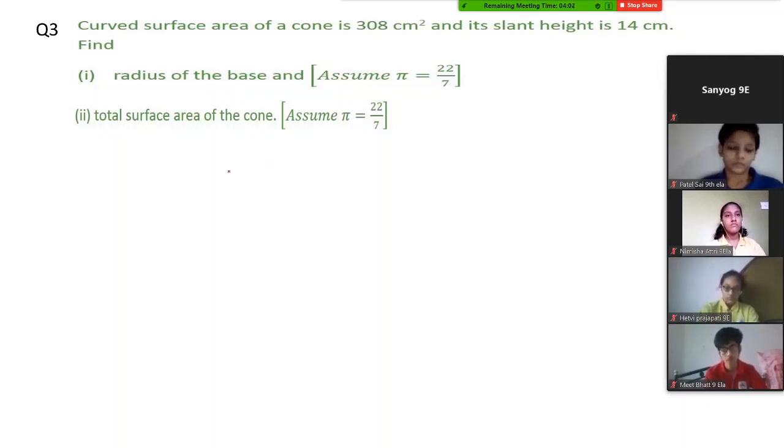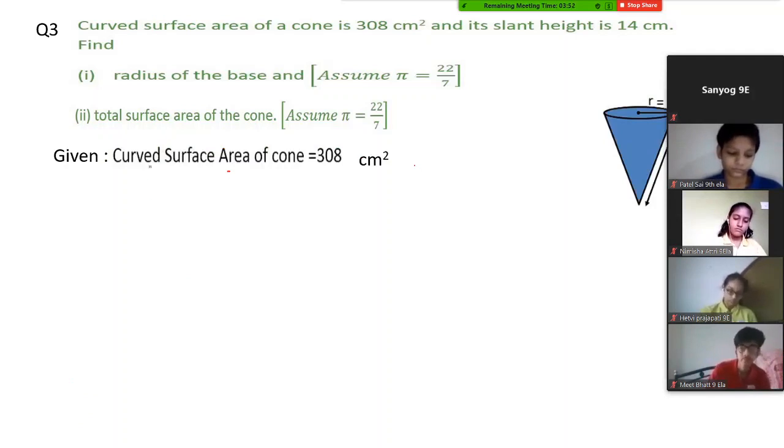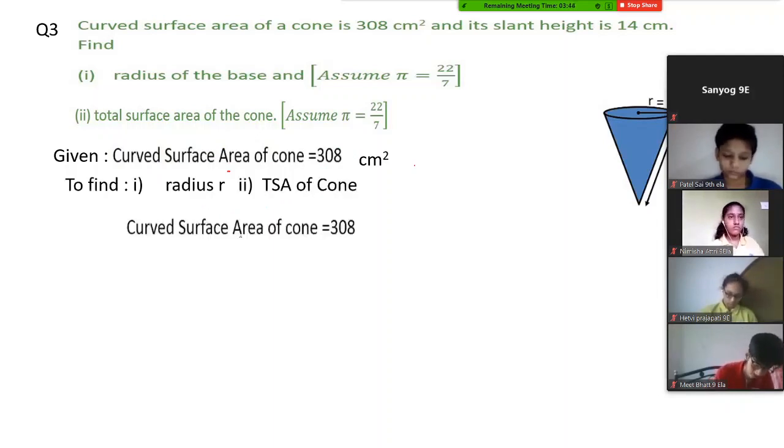Write the given part first. So over here, curved surface area of the cone is 308. What is the formula for it? Pi r L. So take pi as 22 upon 7. R we don't know and L we know it.